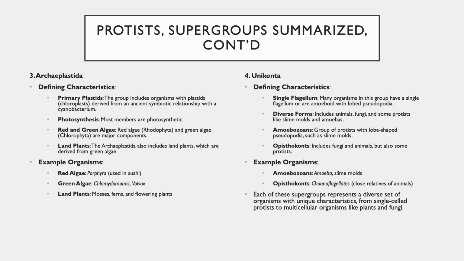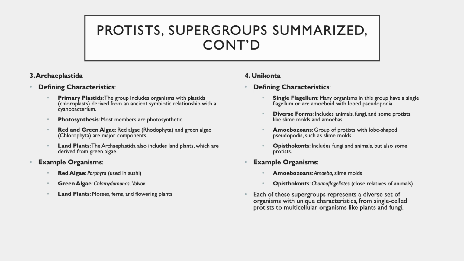Two more supergroups of protists are defined here. We have Archaeplastida and Unikonta. The defining characteristic of Archaeplastida is that they have primary plastids. These are groups that include organisms with plastids acting as chloroplasts within them, likely derived from the engulfing of a cyanobacterium somewhere in their ancestry.